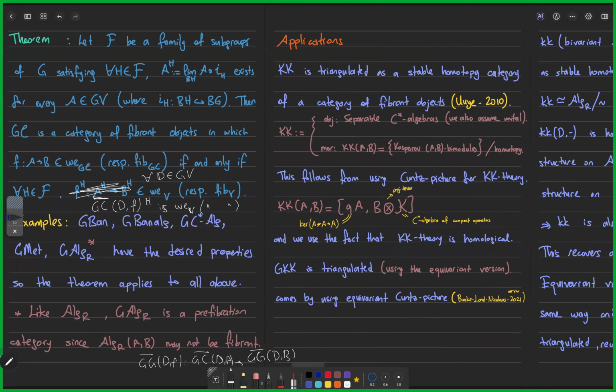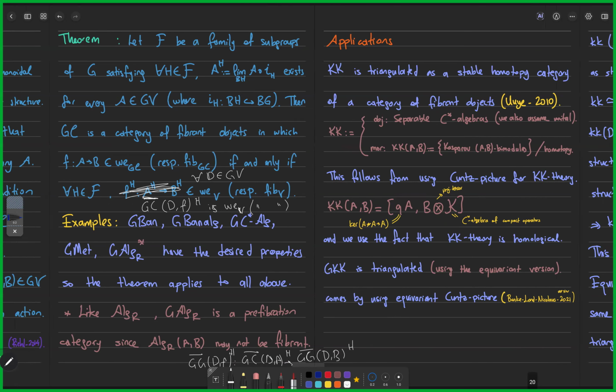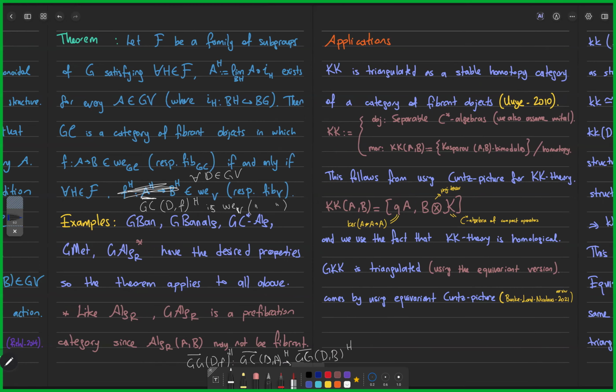So there are conjugation actions on both of them. So on their fixed points, the induced maps must be weak equivalences, and so weak equivalences and fibrations are created by these kind of maps. Sorry for the mistake here.